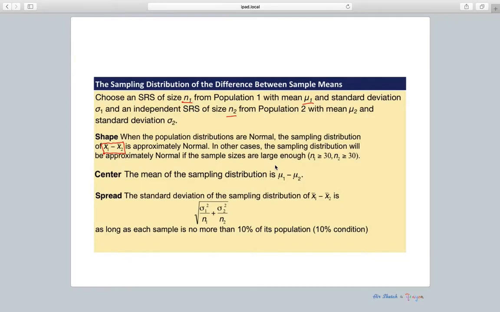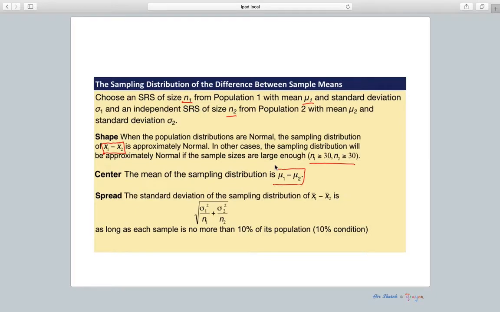It'll be approximately normal as long as sample sizes are large enough, and checking that both sample sizes are at least 30. Or, if you don't have that information, you can graph the samples, and as long as there's no extreme skew, we'll be safe to use T procedures.